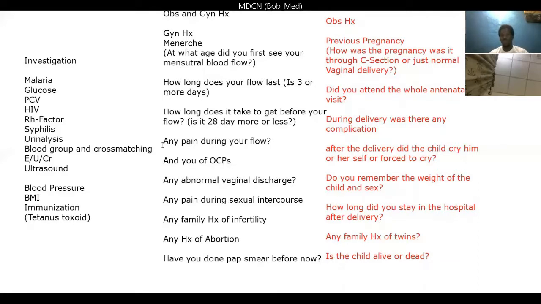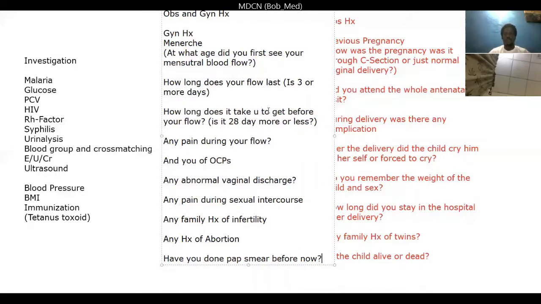At what age did you first see your menstrual blood flow? How long does your flow last? Is it 3 days or more, or 5 days? How long does it take before the next flow?